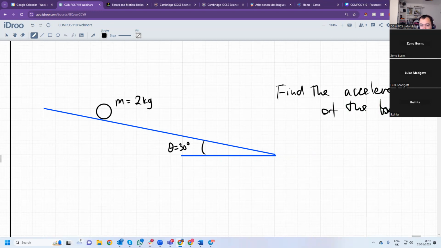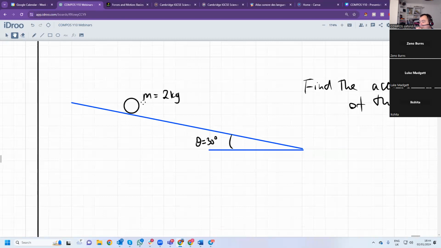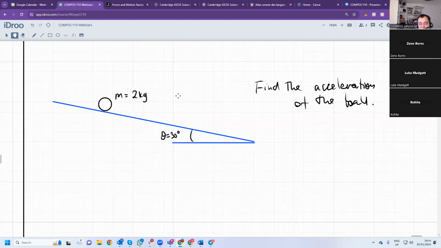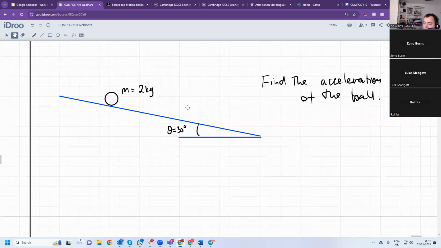Does anyone know how to solve this? You mean 20 newton force downwards? Yeah, F equals ma. But what is F?